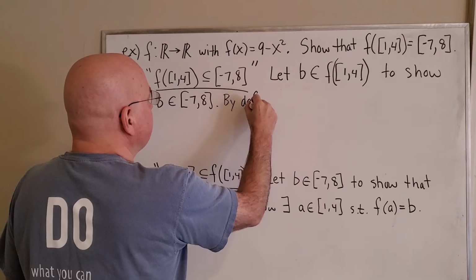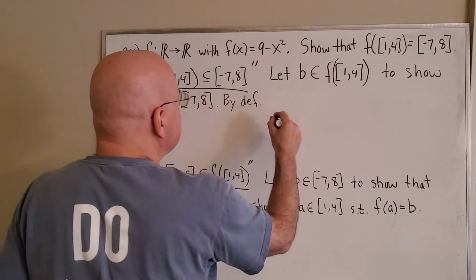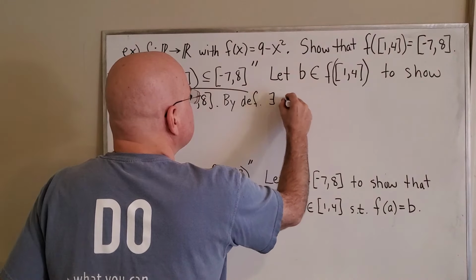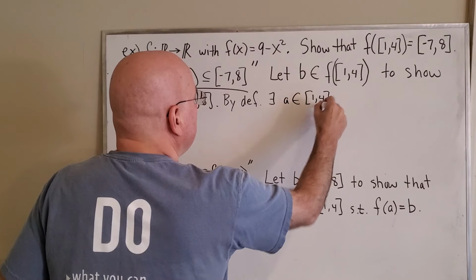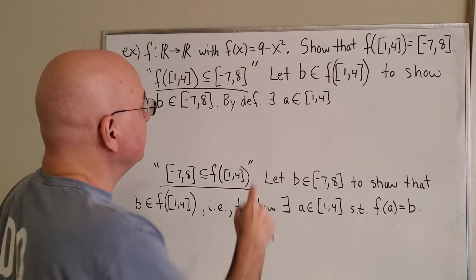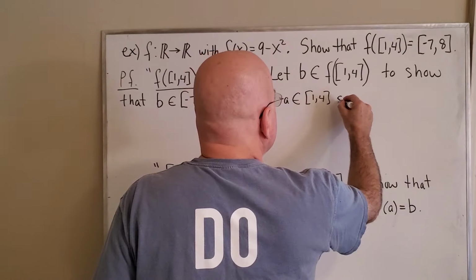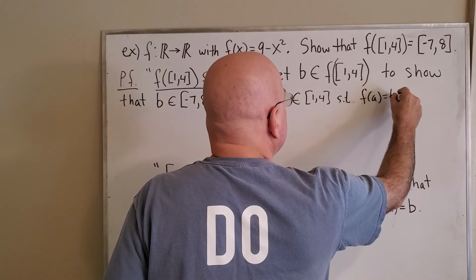By definition of the image, if b is in this set, there is an a in 1 to 4 that maps to b. There exists an a such that f of a equals b.